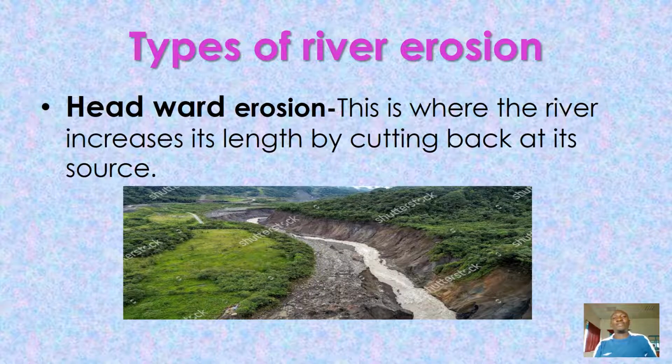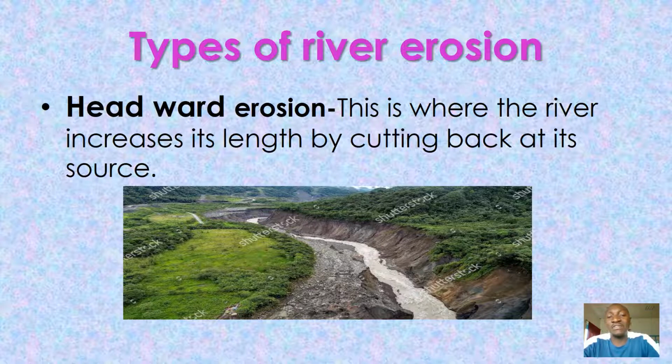Then we have the types of erosion. Erosion undergoes three types. Here we look at headward erosion. This is where the river increases its length by cutting back at its source. In our picture, this is a part of the source of the river.